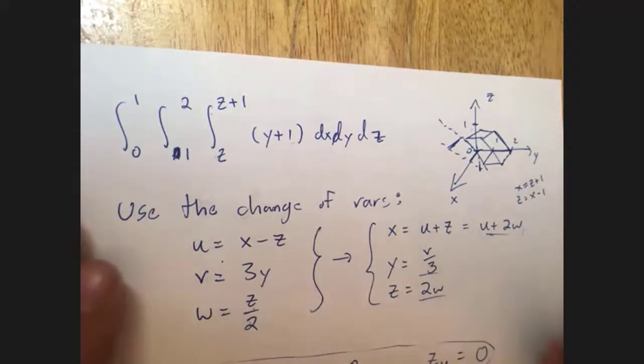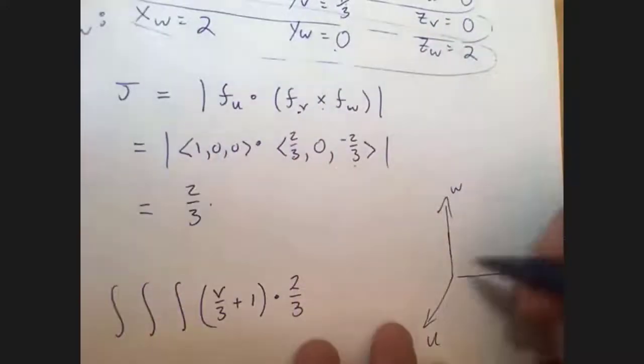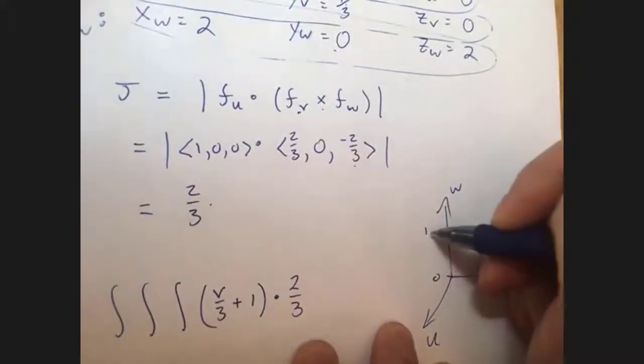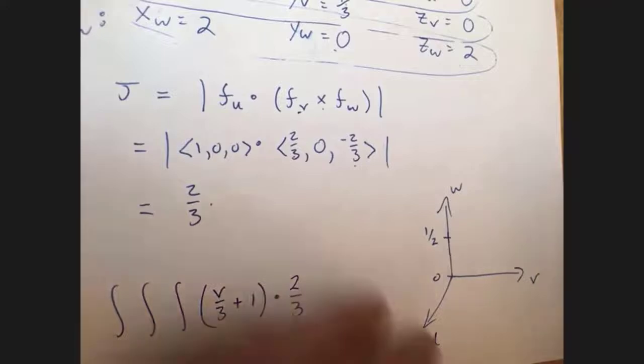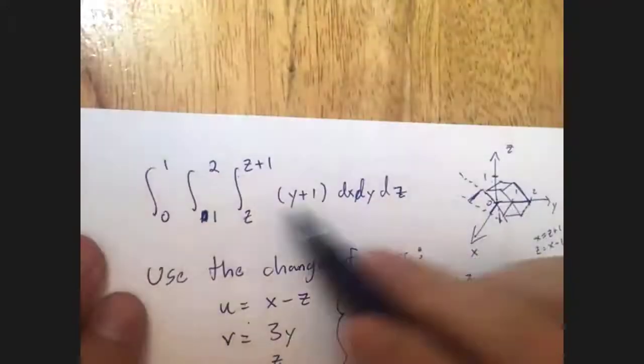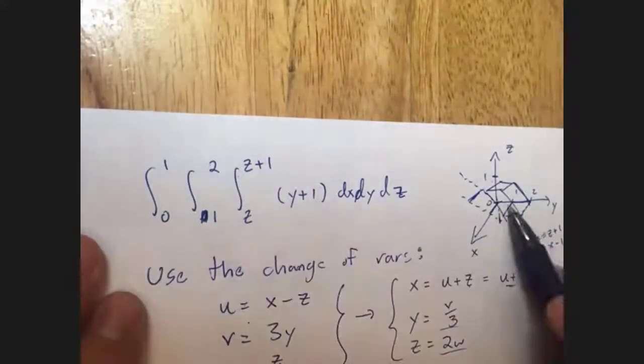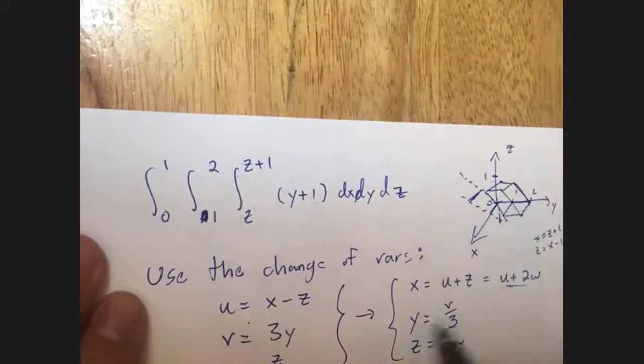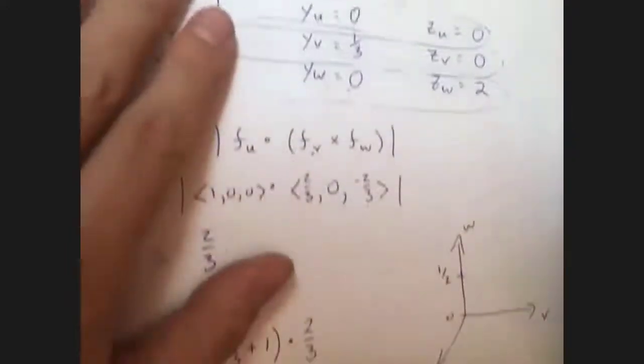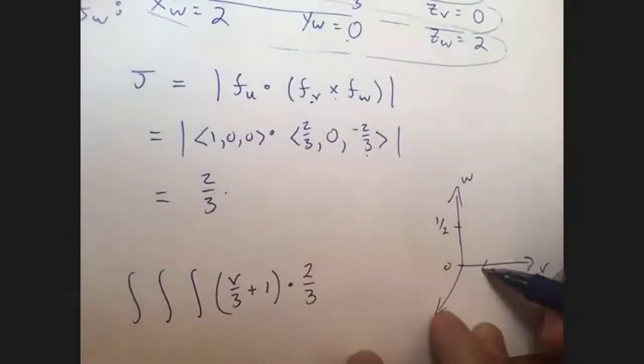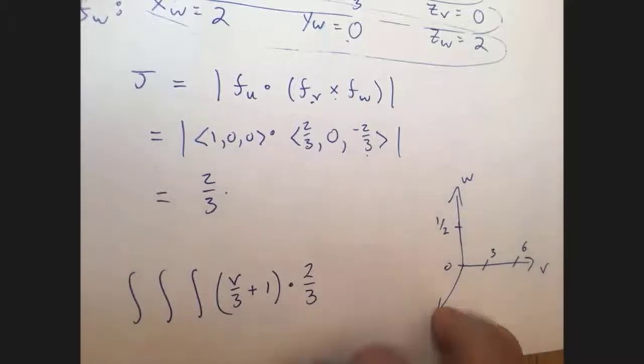So W is just going from 0 to 1/2. Y went from 1 to 2, right? That's this part. And V is just 3Y. So V went from 3 to 6. So on the V axis, I went from 3 to 6.